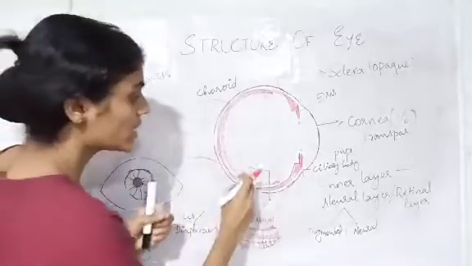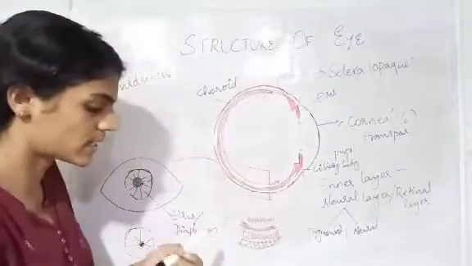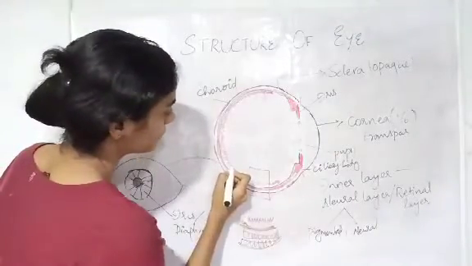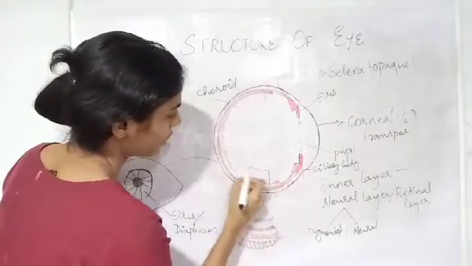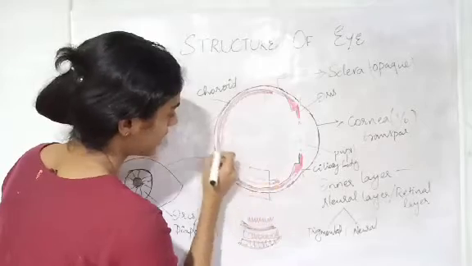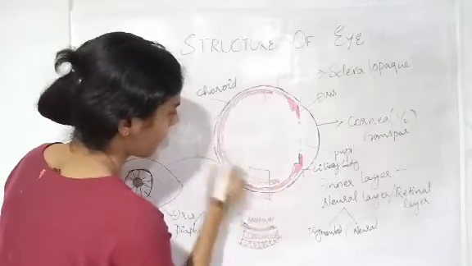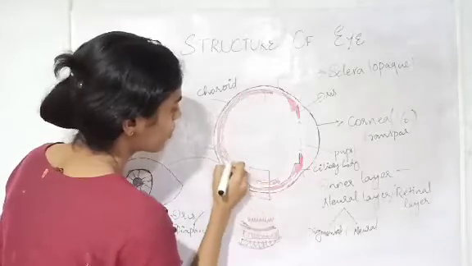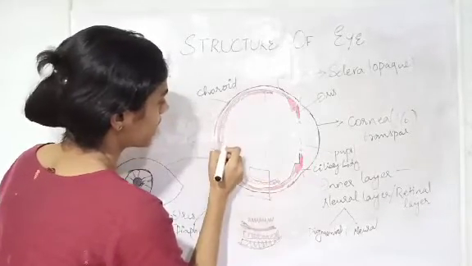Okay, from this neural layer you can see different nerves arising. Starting from here, nerves are arising like this. So from all portions the nerves are arising.